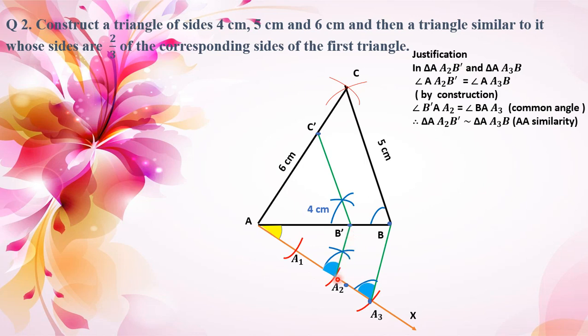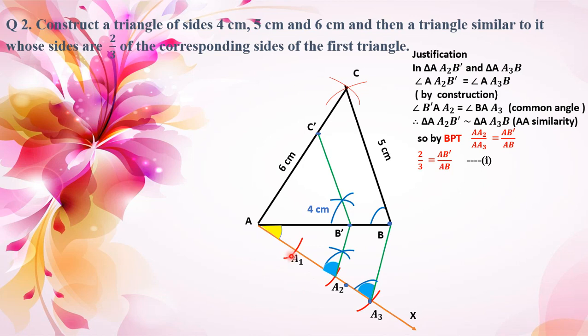If the triangles are similar and this line A2B dash is parallel, then by the basic proportionality theorem, if a line is drawn parallel to one side of a triangle and intersects the other sides, it divides the sides in the same ratio. We can say A A2 upon A A3 is equal to AB dash upon AB.